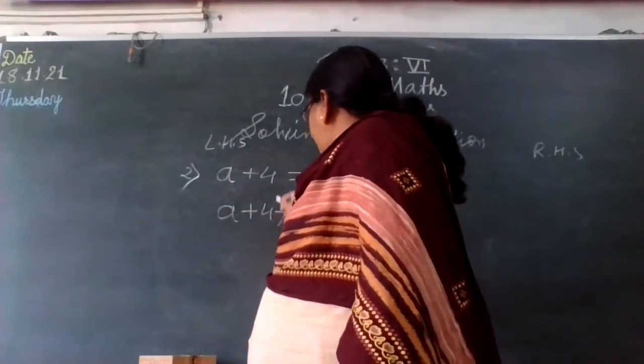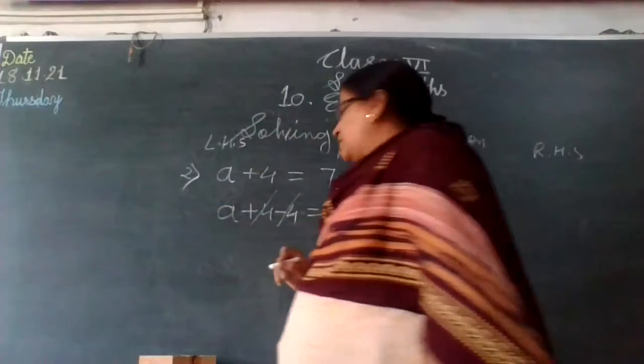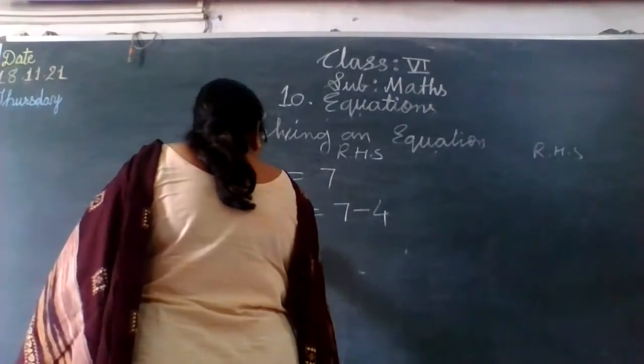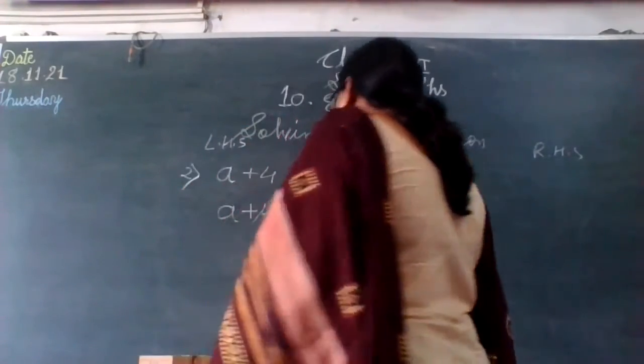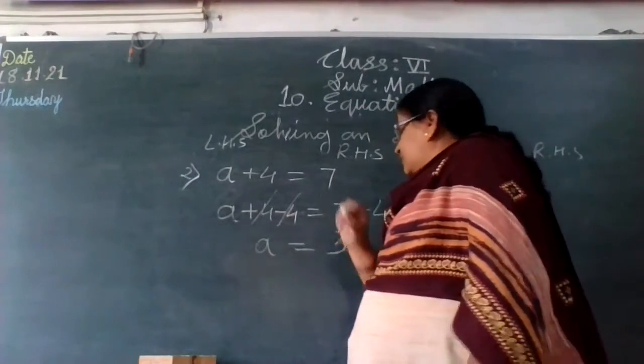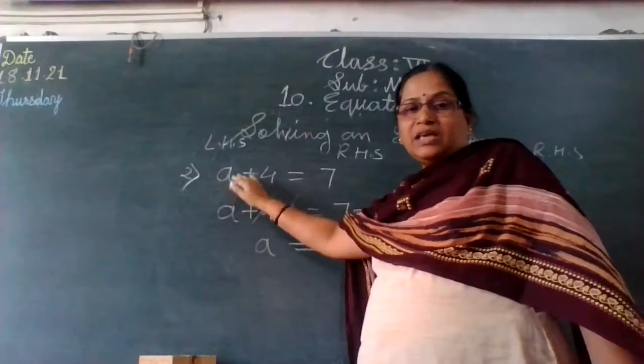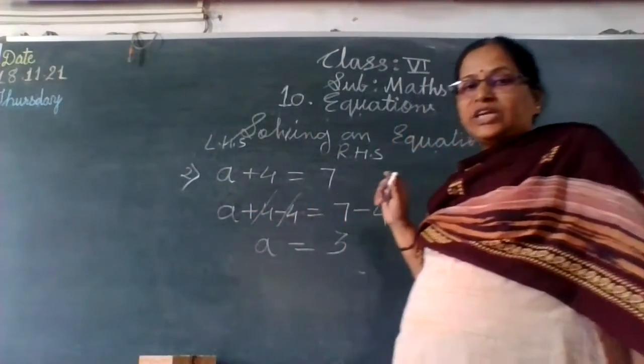See children, this plus 4 and minus 4 get cancelled. What is left in the left side? Only a is left. So a equals 7 minus 4, that is 3. So the value of this variable a is 3.